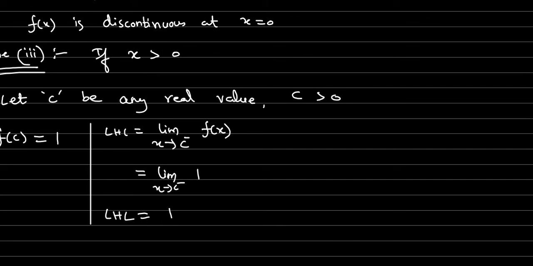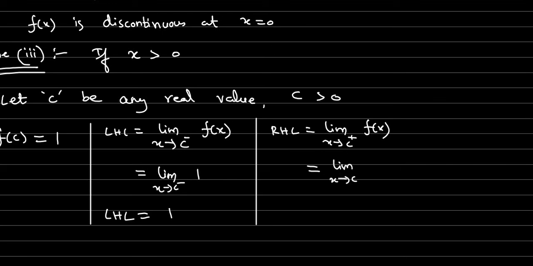Now the right hand side limit. Limit x is approaching c from the right hand side of f of x. Even right side close values of c will be greater than 0. Then the third function will be suitable, that is positive 1. So once we apply the limit, the result is also positive 1.